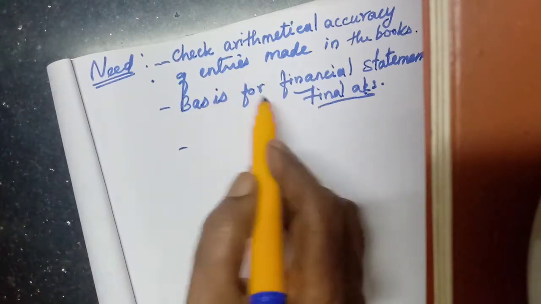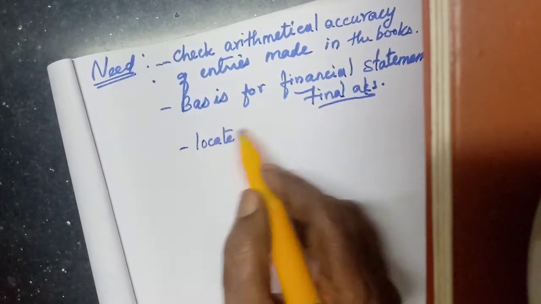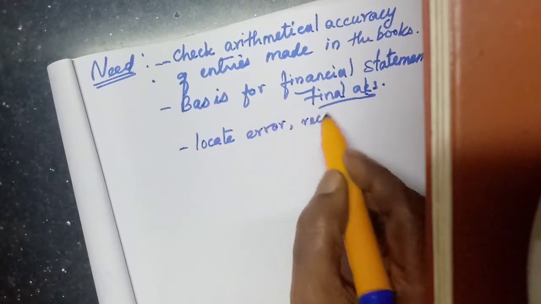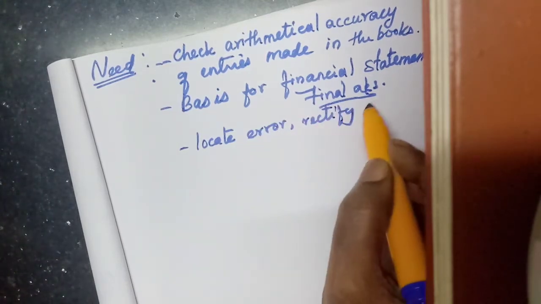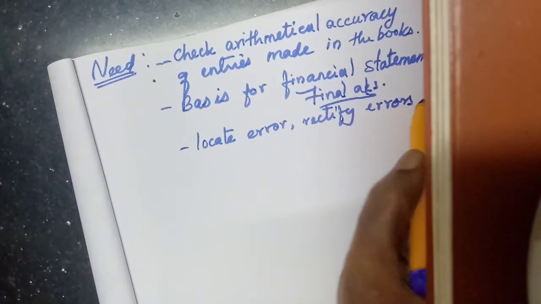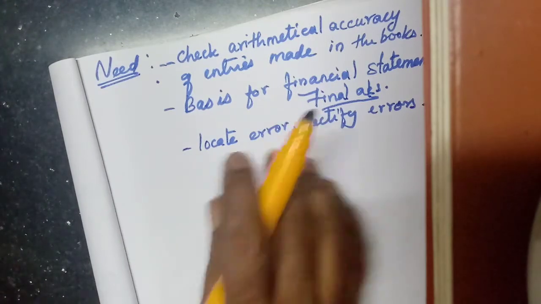So if it doesn't tally, we can locate the error. That is another purpose. We can locate the errors and we can rectify them. So these are the need and purpose.